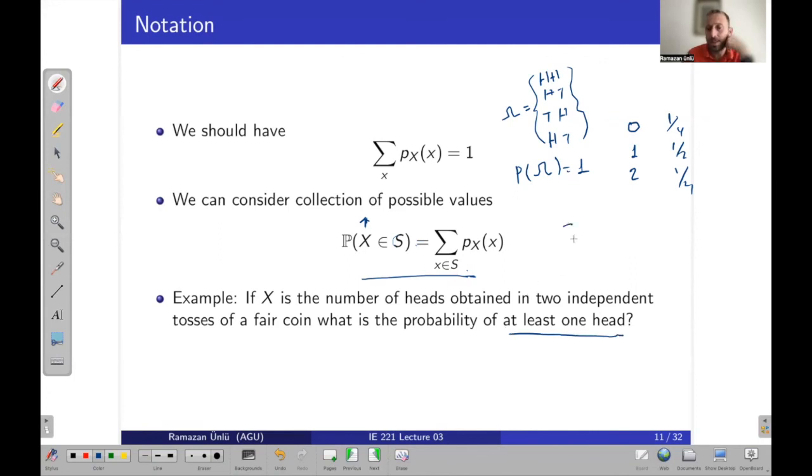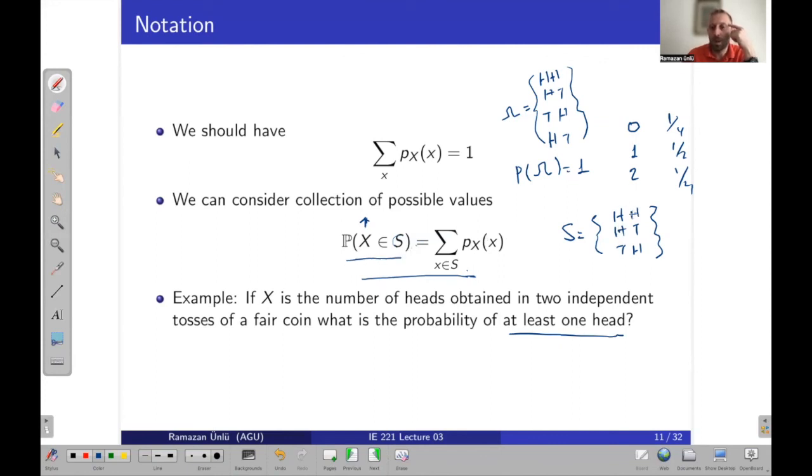So S, the subset, will be a head-tail and the tail-head, right? So I am looking for the probability of this one. Simply I will calculate each probability, and the sum of them will be equal to this one.